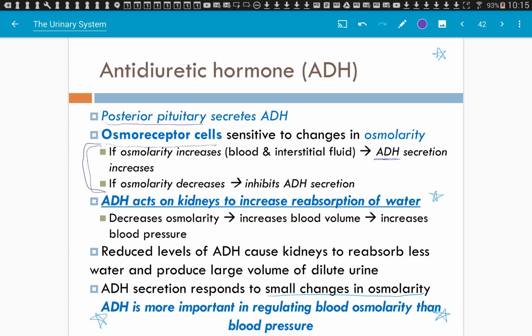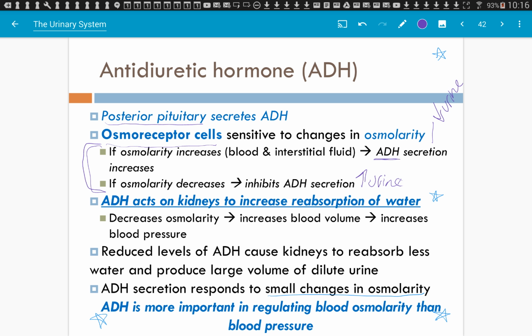And so that will increase your urine production. If you inhibit ADH secretion, you increase urine. And if you do secrete antidiuretic hormone, that will decrease urine production. Okay. The antidiuretic hormone acts directly on the kidney in reabsorption or secretion of water.